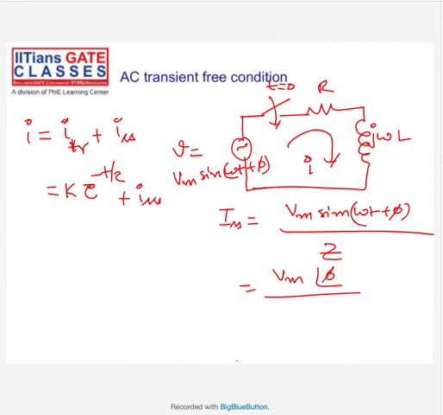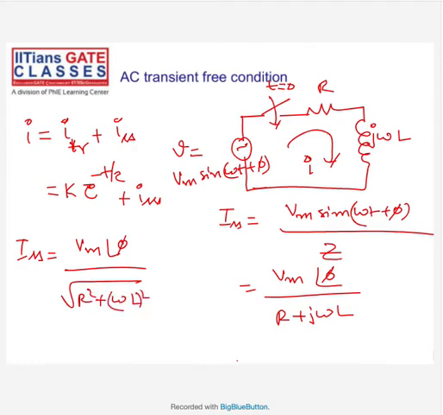divided by what is Z? R plus j omega L. I'm writing it here. ISS will be equal to Vm at an angle phi divided by root of R square plus omega L square at an angle tan inverse omega L by R. Right?